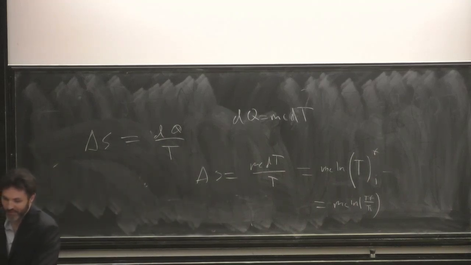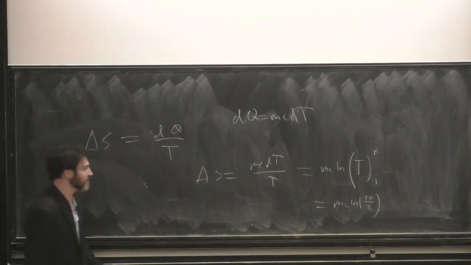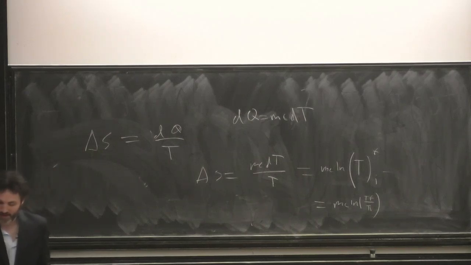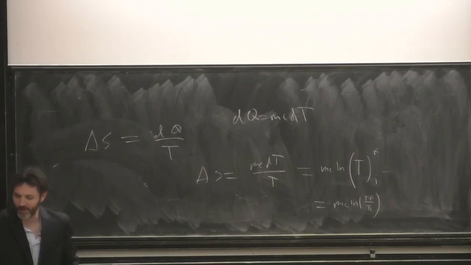So T2 over T1. And then you just plug in the values there and you compute the change in entropy for that process. Okay? Just a little bit of review here in preparation for the midterm coming up next week.